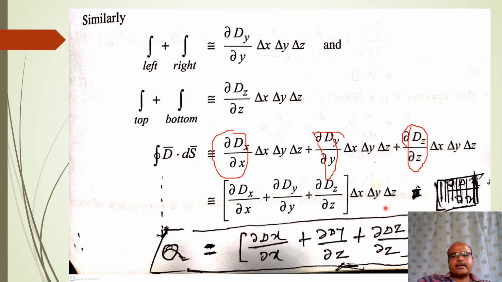We observe that ∂x ∂y ∂z is a differential volume denoted by ∂v. So we can represent this equation as Q is equal to (∂Dx/∂x plus ∂Dy/∂y plus ∂Dz/∂z) into ∂v.